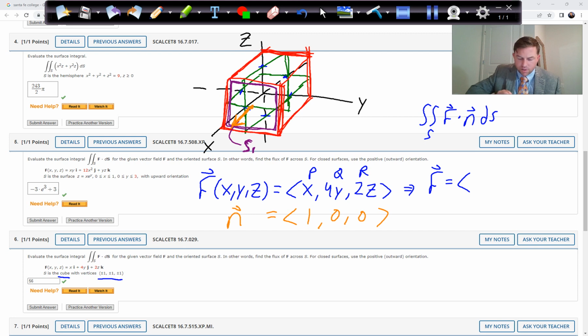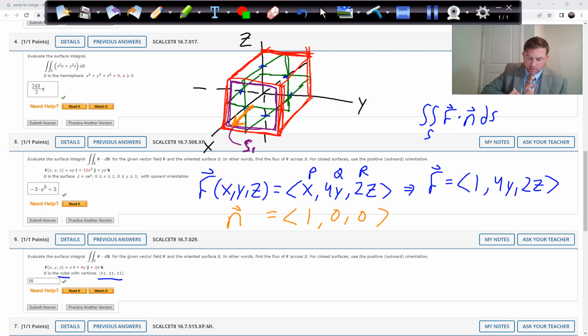So if we're dealing with this surface that's pointed in the x direction, we take a partial derivative with respect to x of the first term, so that would be 1. And we can leave these other ones alone. And that's what we'll dot product.